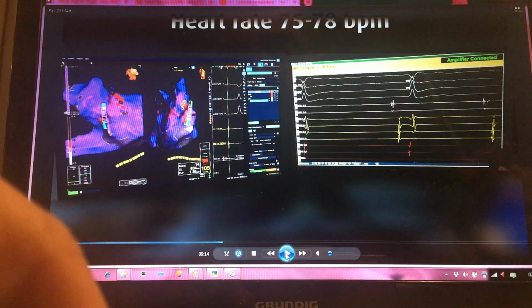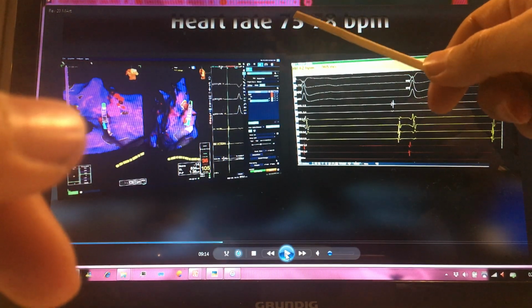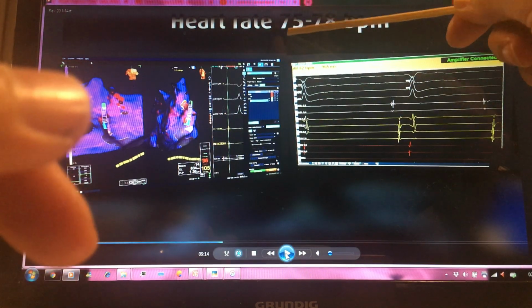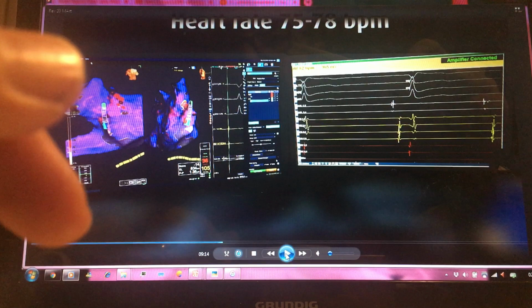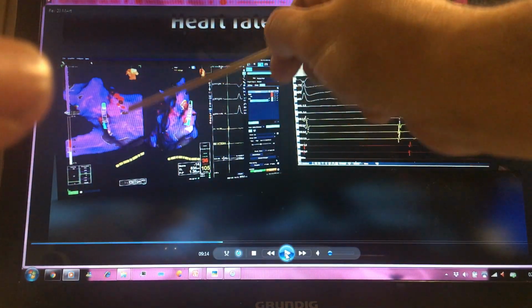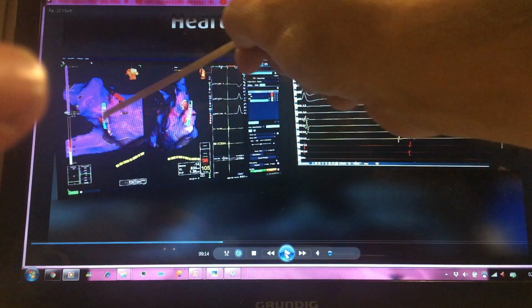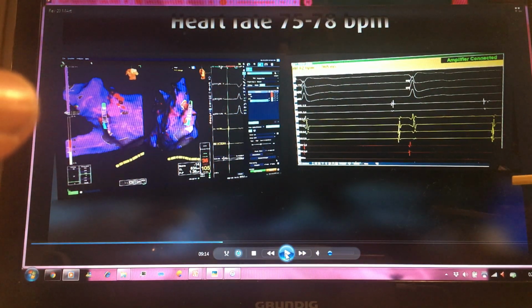This point is very important because heart rate is 75 or 78 BPM after ablation on the anterior right GP and ganglion B sites, and we are still far from our target heart rate.